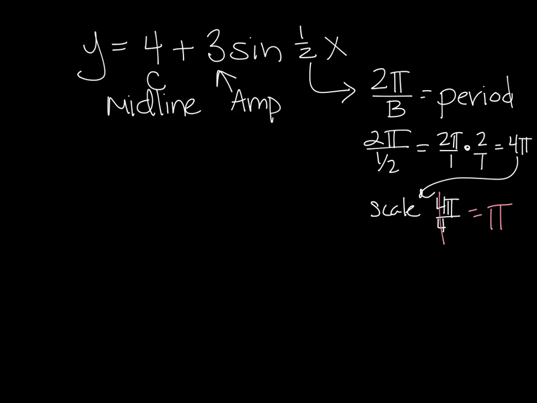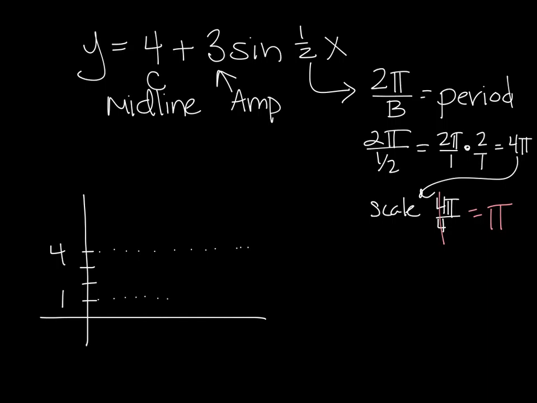Okay, so to graph this, we're going to need to give ourselves a lot of room at the top, because if the midline's 4 and the amplitude's 3, we're going to need to get all the way up to 7, right? 1, 2, 3, 4, there's my midline. The amplitude's 3, so I'm going to go 3 down, so 3, 2, 1.